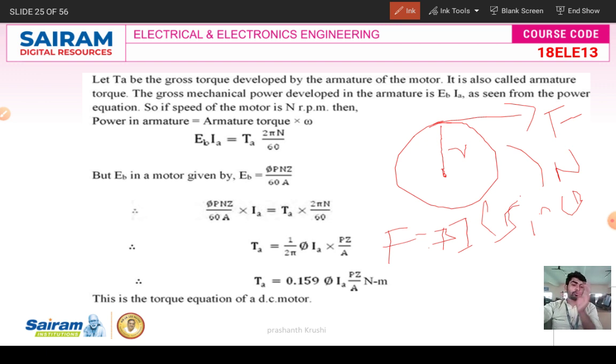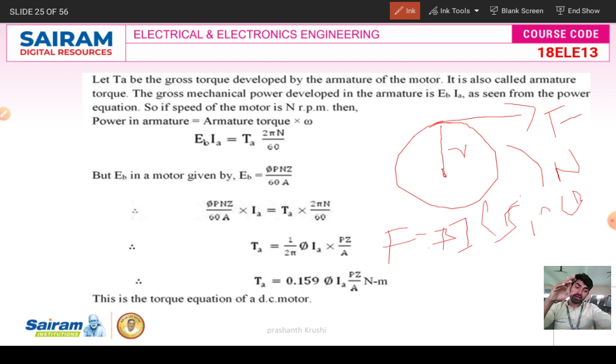By equating the mechanical power and electrical power developed by the motor, EB into IA is equal to T into omega. But EB is the back EMF, P phi N Z by 60A. So what is the meaning of back EMF?